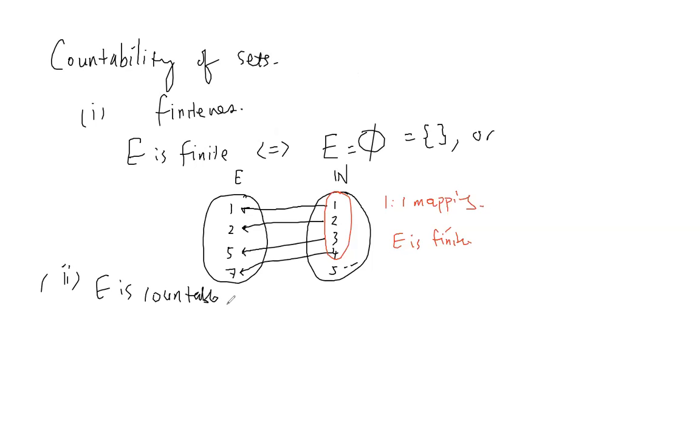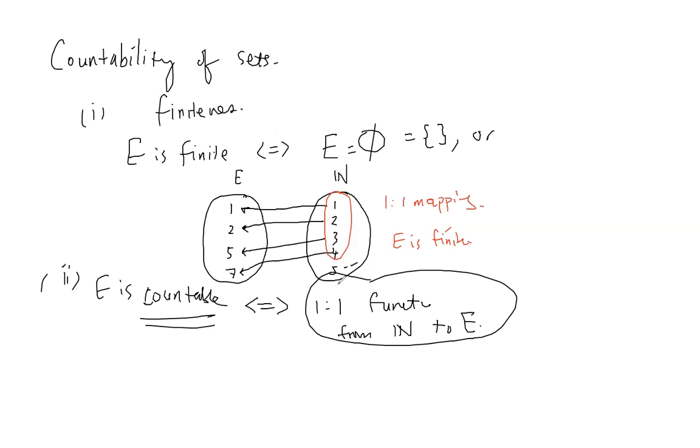Then number 2, we say that E is countable. Now this is a word that has some important meaning, right? Countable if and only if there is a one-to-one function from N to E. Countability is basically just defined as such.